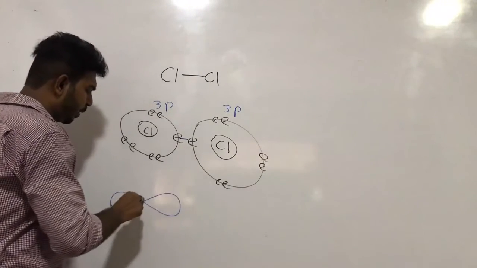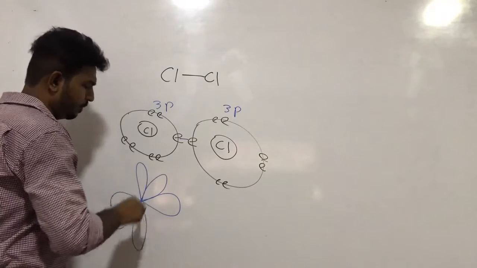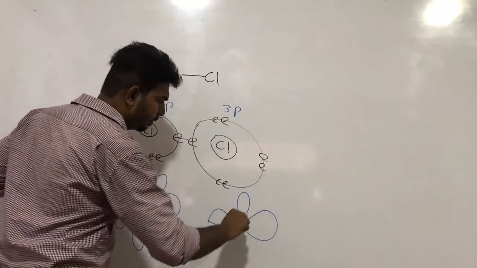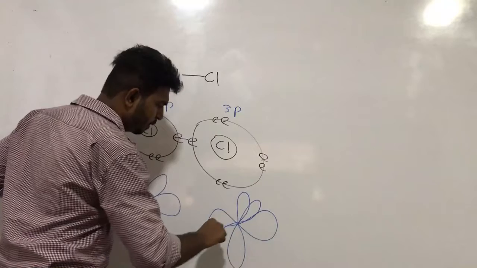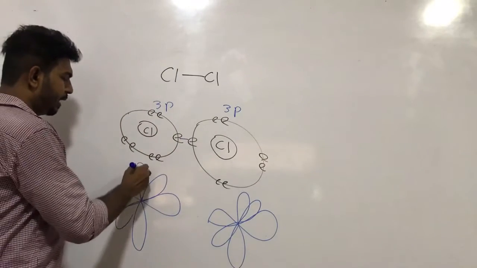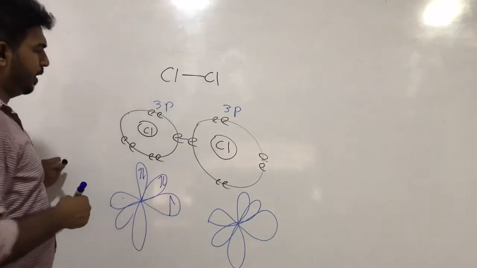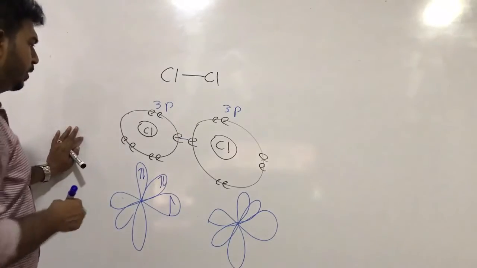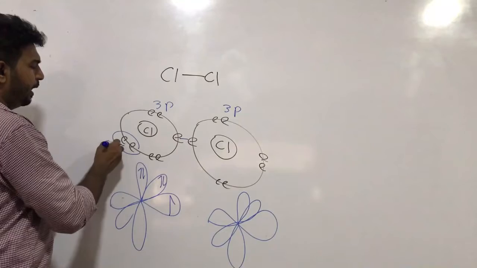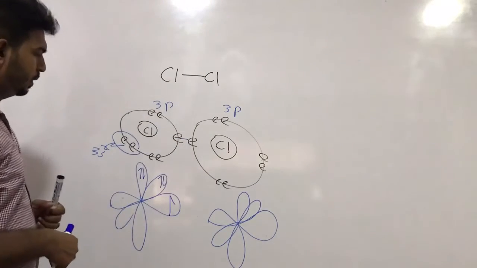P is a dumbbell shaped orbital, and this one also has a p orbital. If we consider these orbitals, there are 2 electrons, and there is only 1 electron, since the configuration is 3s2 and 3p5.